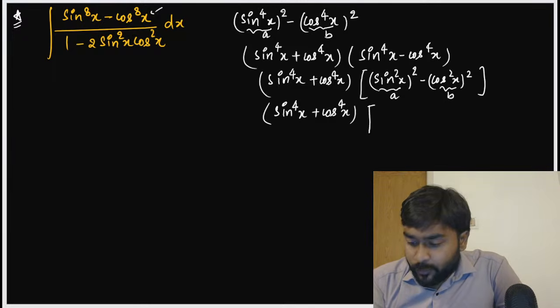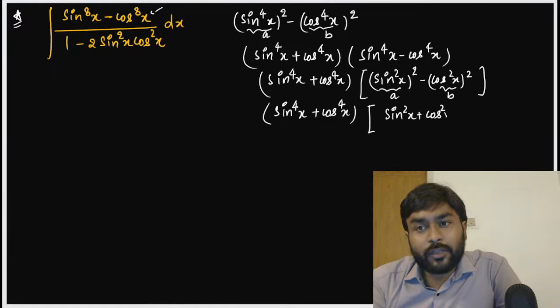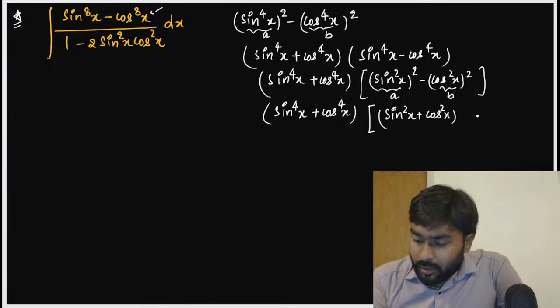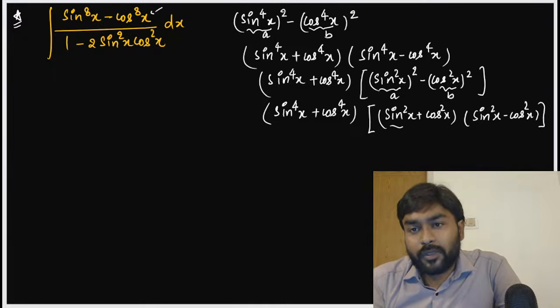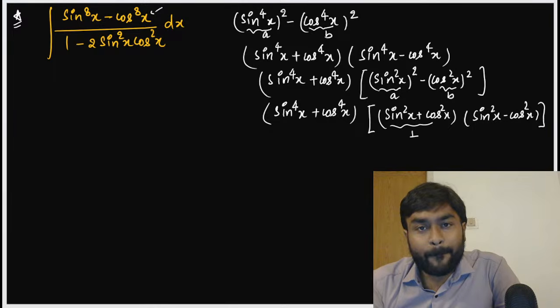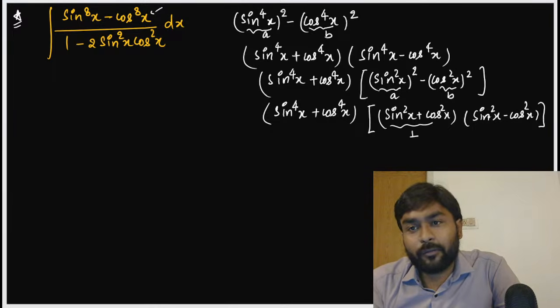Here we can write again a plus b. A plus b means sine square x plus cos square x, and the second one will be sine square x minus cos square x. This one will become 1.